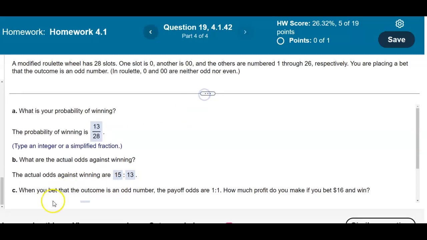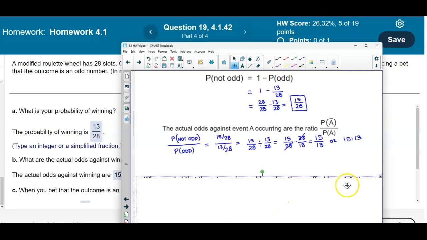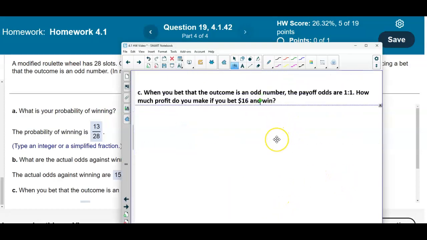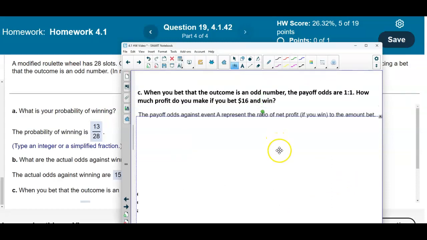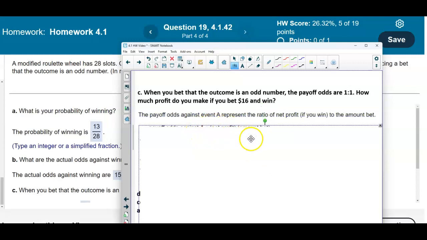Okay, the next question says, when you bet the outcome is an odd number, the payoff odds are 1 to 1. How much profit do you make if you bet $16 and win? Well, the payoff odds against event A represent the ratio of net profit if you win to the amount bet.